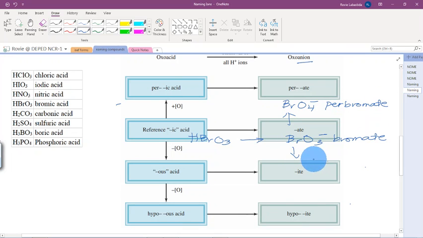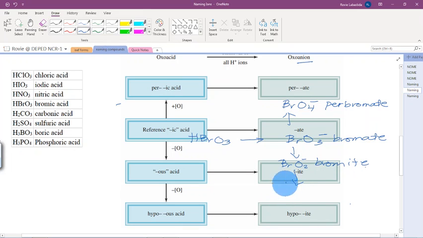Okay, if we remove one oxygen atom from the bromate ion, it will become BrO2 negative. So this is bromite. Sorry for my penmanship because I only have a very little space in my drawing pad.